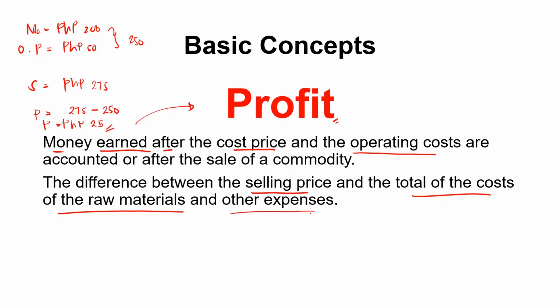Yung operating cost is your operation of the business, the rent, the incidental expenses, the electric bills, the salary of your employees, okay. Your profit is your money earned. Labas na doon, naibawas na doon yung cost price mo and your operating cost mo. Profit is your revenue or yung kita mo. Okay? O yung sales mo, yung nabenta mo. Okay?